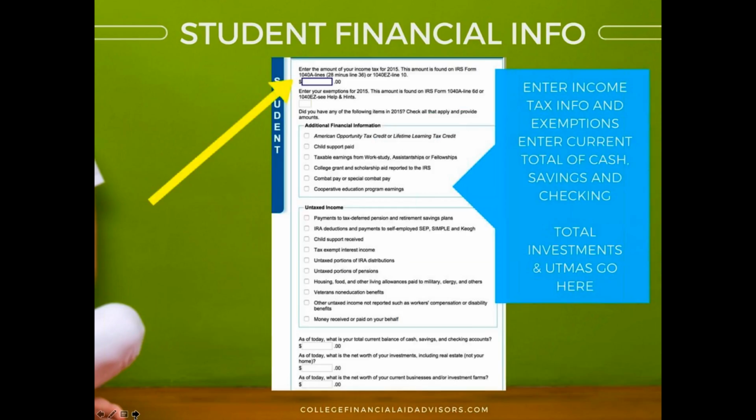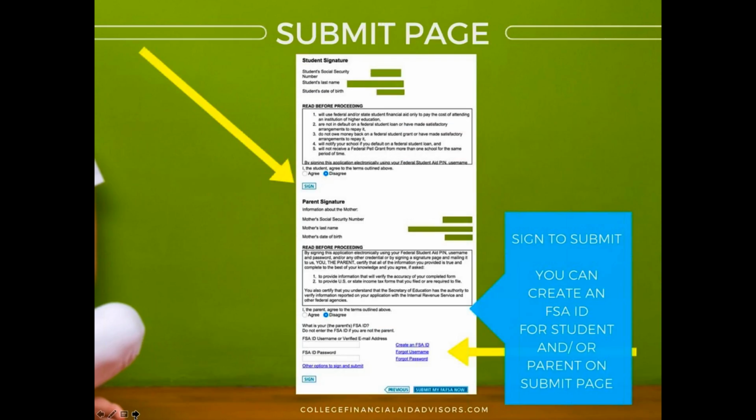So the student worked, and then once the student has submitted their tax return, not only are you going to need to log back into the application and draw your tax return into the parent section, but you'll also have to log back into the application and draw in the student's tax return using the green buttons at the top, and it will populate the student's income below and what form they used, whether they're going to use the IRS 1040A or an IRS 1040EZ.